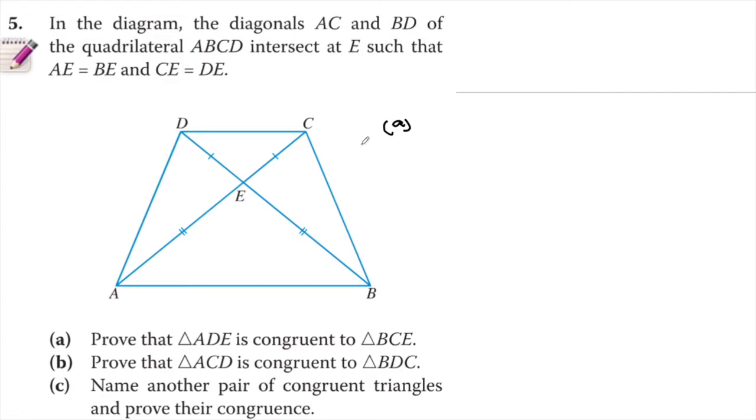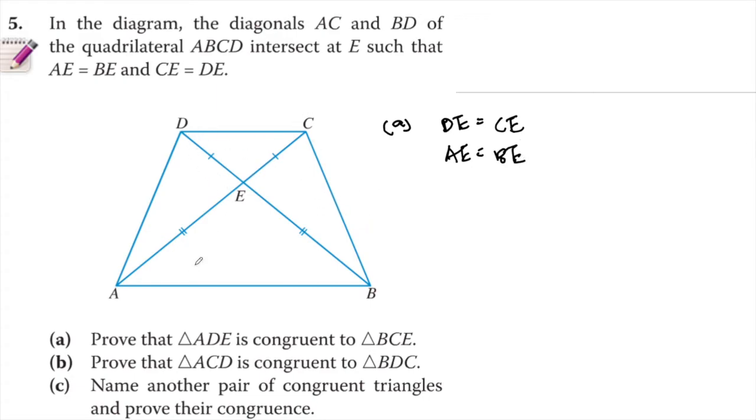So for question 5, prove that triangle ADE is congruent to BCE. So what I have is DE is equal to CE. AE is equal to BE.